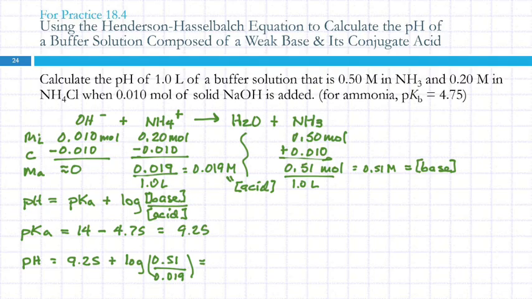(14 minus 4.75). It's 9.25. That's the base, that's the acid. What are you guys getting?